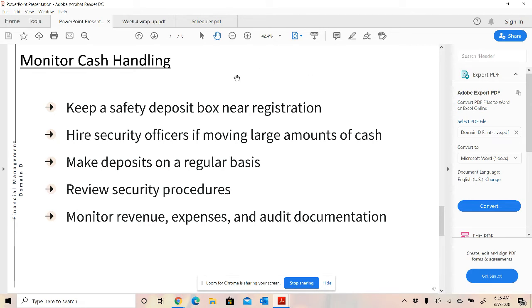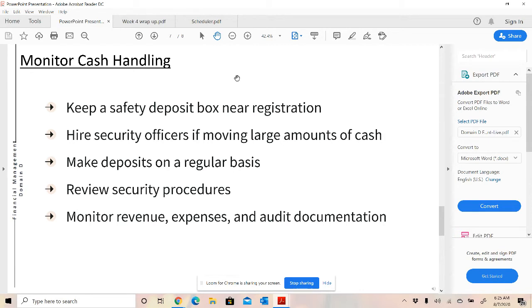Monitoring cash handling. Are you seeing a theme here? We don't just do things once and forget about it. Once we have it in place, we monitor and keep track, and you want to make sure that everything is going as planned. Keep a safety deposit box near registration. Hire security officers when moving large amounts of money. Make deposits on a regular basis. As your attendees are checking in, if they're paying with cash or check, see about, instead of depositing into your bank, making a deposit towards the master account.